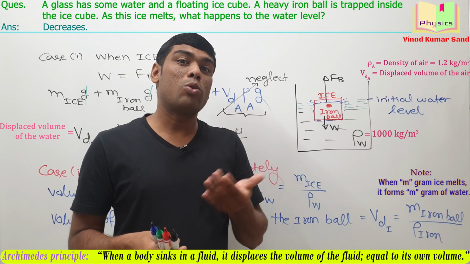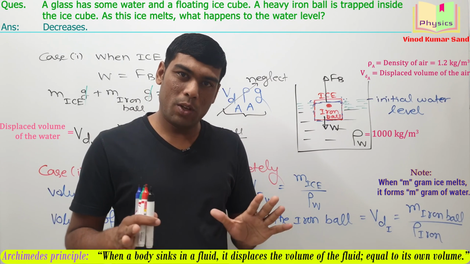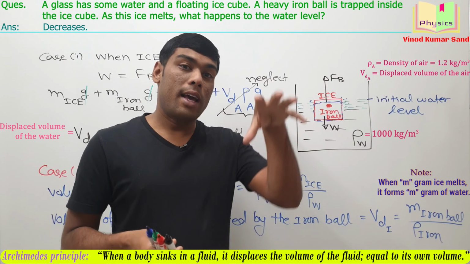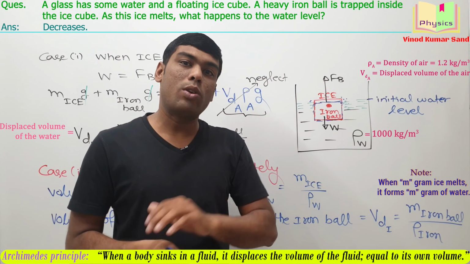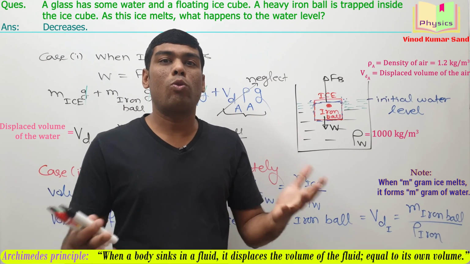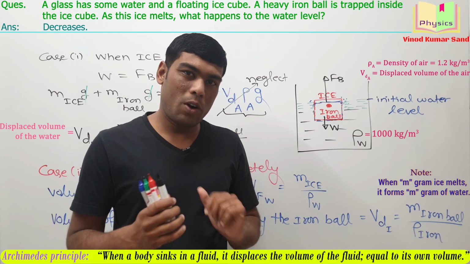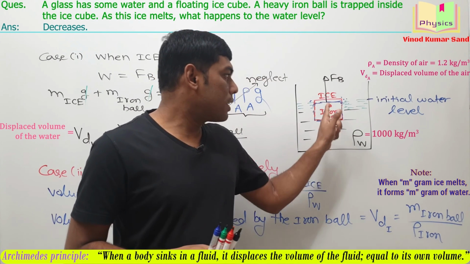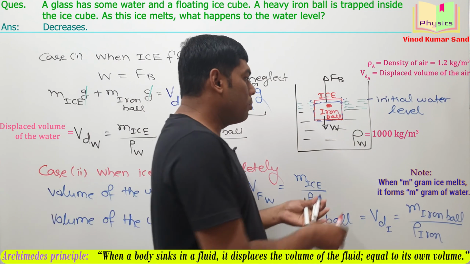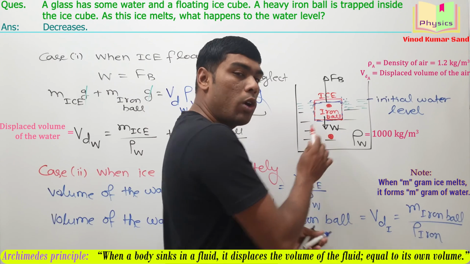Correct. Equal to its own weight or more than its own weight. Now suppose there is someone who doesn't know swimming and that person sinks down in the pool. Then that person displaces what volume of water? Equal to his own volume. So the sinking iron ball will displace a volume of water equal to its own volume.